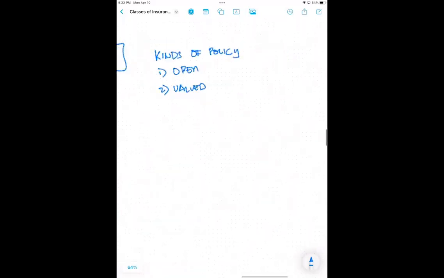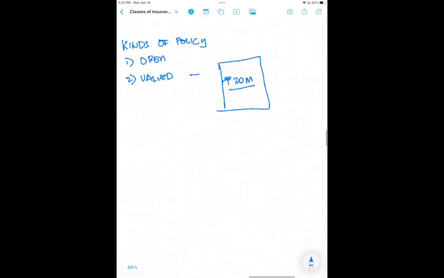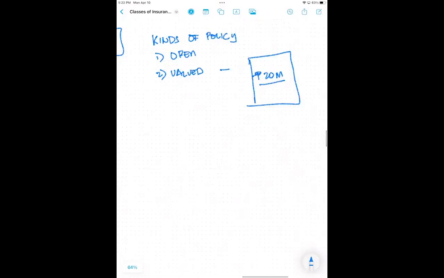So valued policy is when on the face of the policy, it states there the amount agreed upon. When the policy is open, the amount is not stated, and the amount will be determined at the time of the loss. Now, I hope you can still recall the kinds of policy. We have open, we have valued, and we have running.